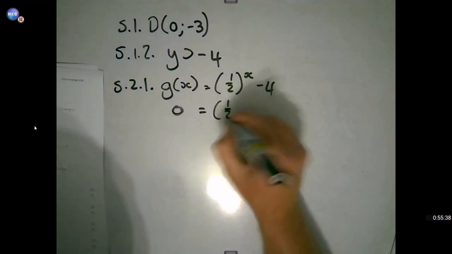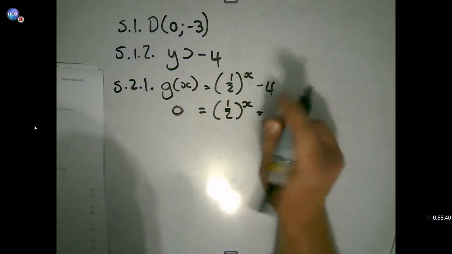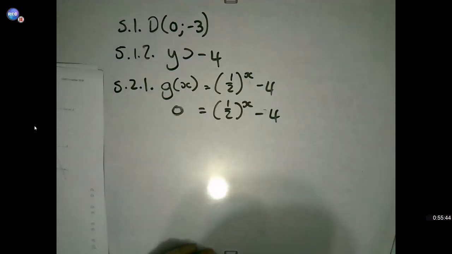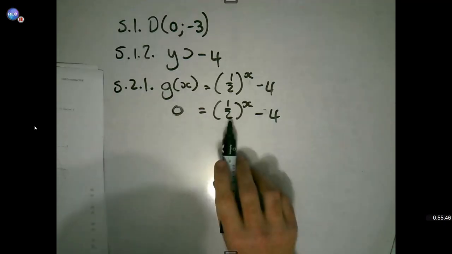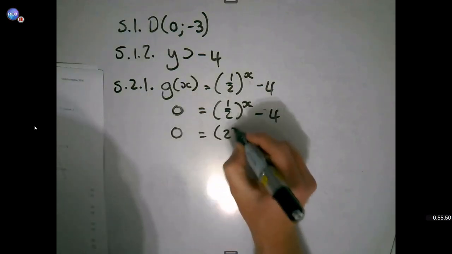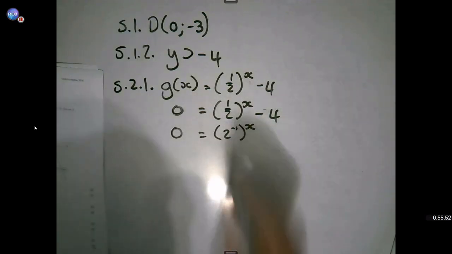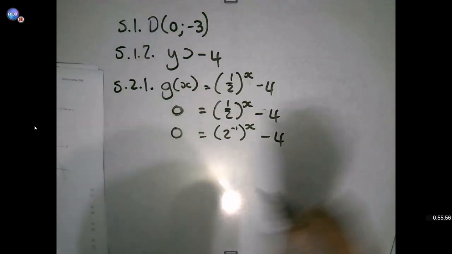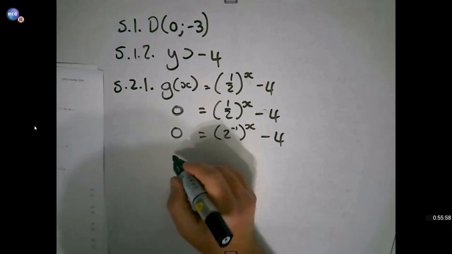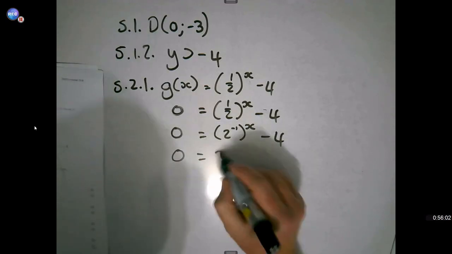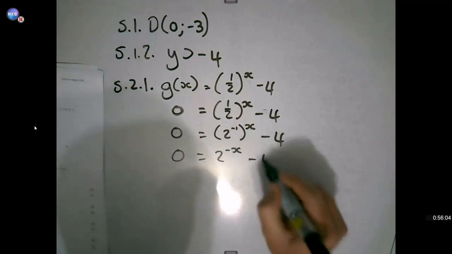Then we'll have (1/2)^x minus 4. The next thing you'd want to do is get rid of the fraction. So we'll say 0 is equal to 2^(-1x) minus 4, obviously using exponent law number 6. You see how the exponents come into everything that you do. Then we'll get 0 equals 2^(-x) minus 4.